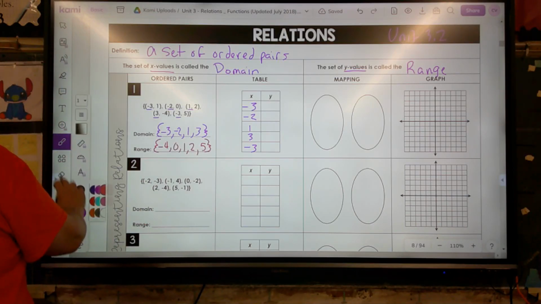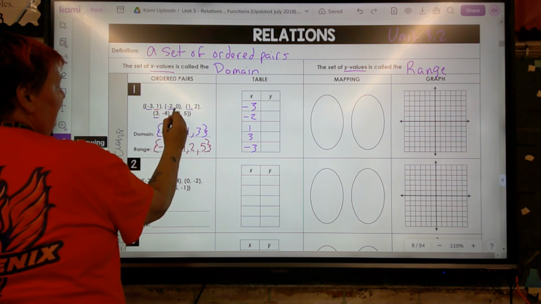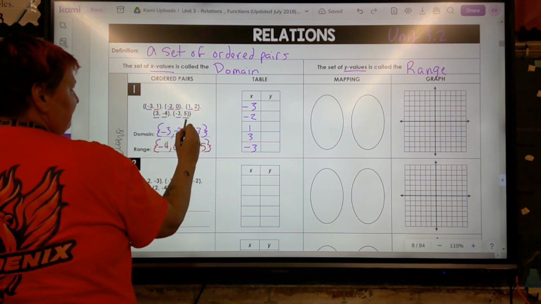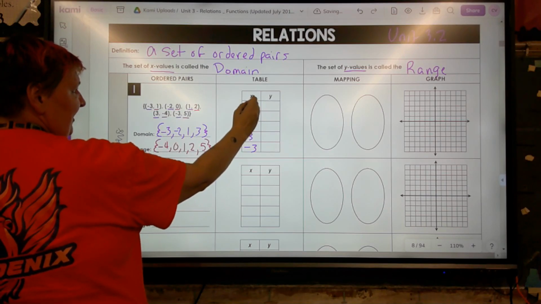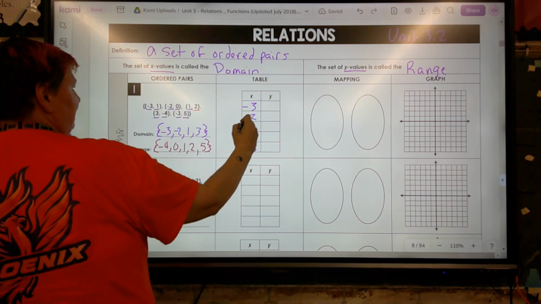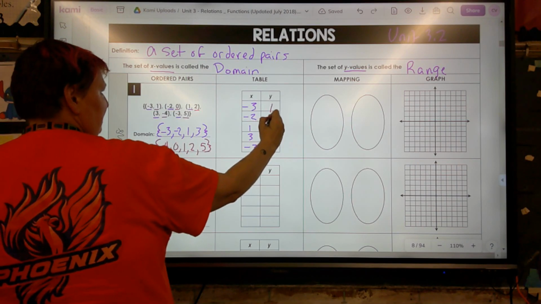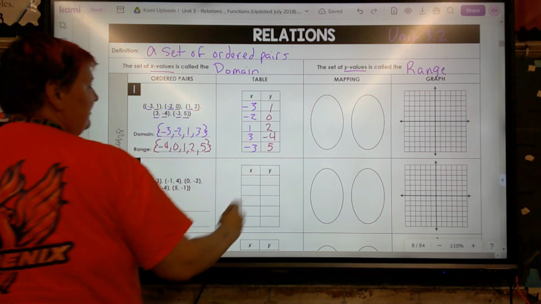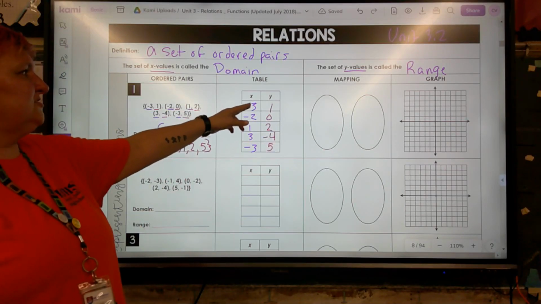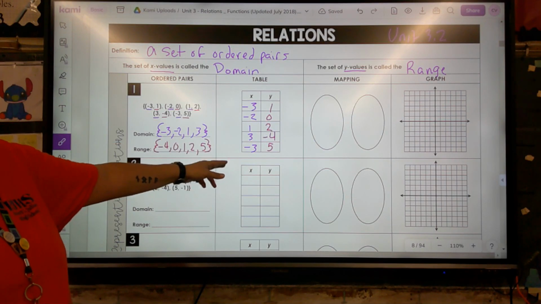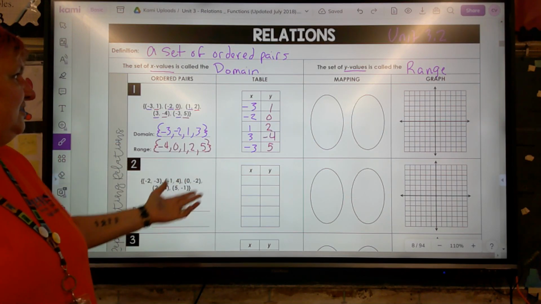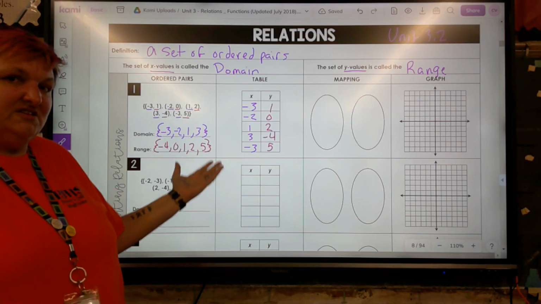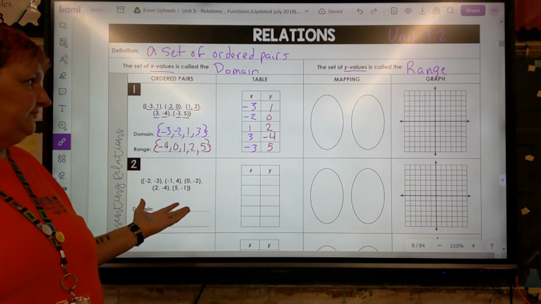That way I can keep them in order. Y values. Again, it goes on the right. Get it? X, comma, Y. 1, 0, 2, -4, and 5. So these are your ordered pairs, but now we're on a table. It's the same information, we're just now on a table. It's another way to represent the information.